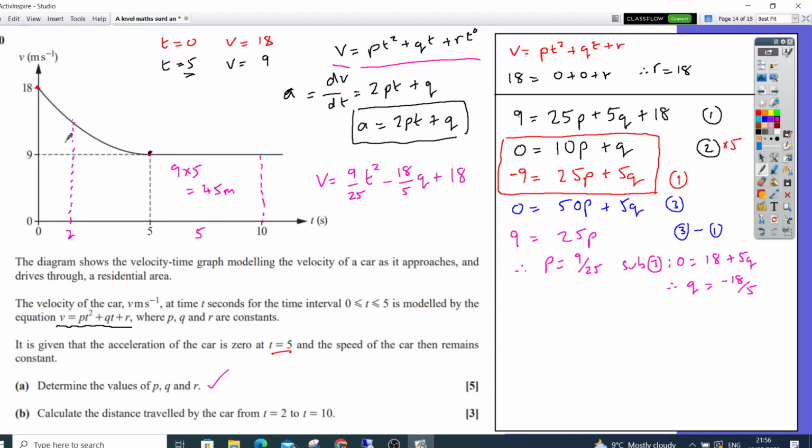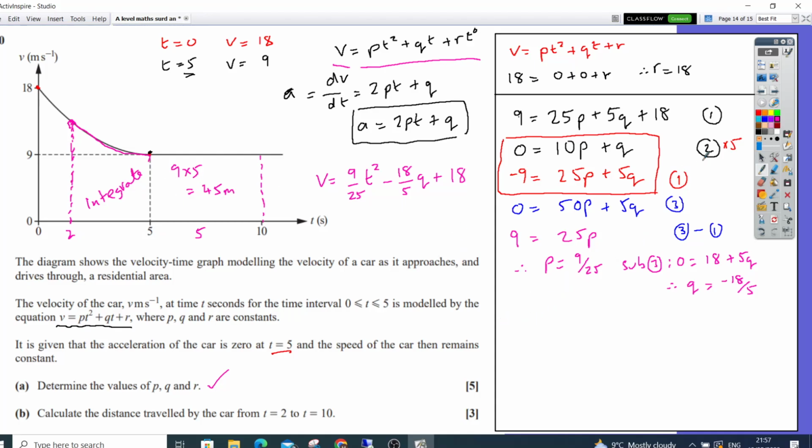And here, because this has got variable acceleration and it's a curve, you should know that the area under a curve is found by integration. So we need to integrate here. So we need to integrate this with respect to t with those limits from 2 to 5. Now the beauty about this is your calculators.